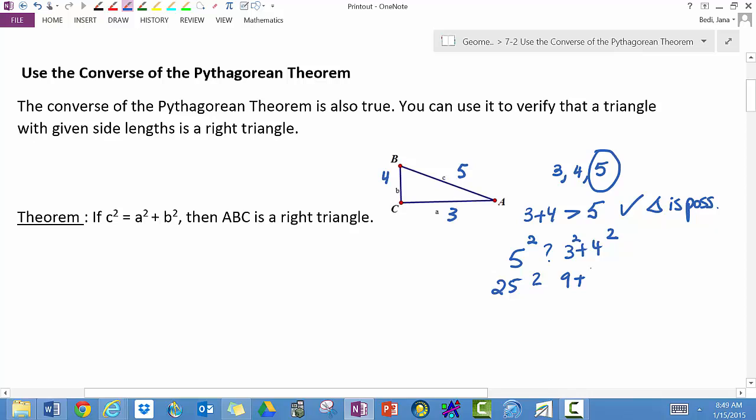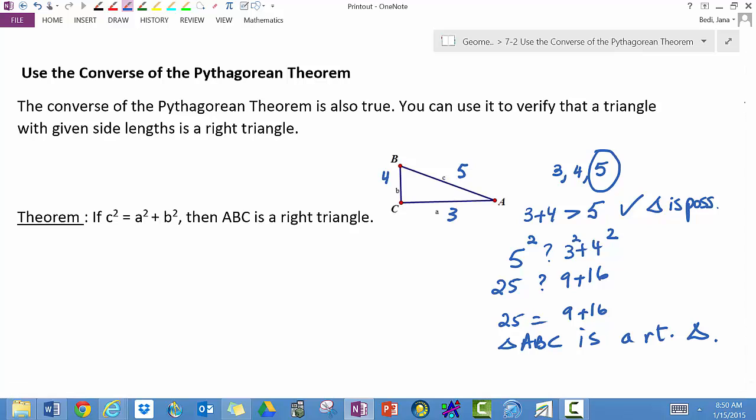That's 9 and 16. And we're still trying to determine the relationship. Oh, well, these are equal. So this means triangle ABC is a right triangle.